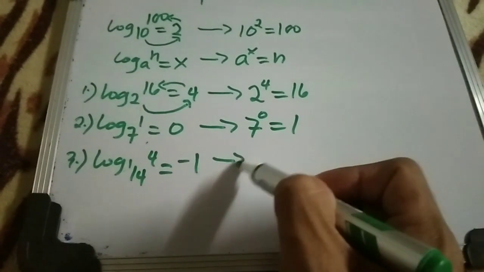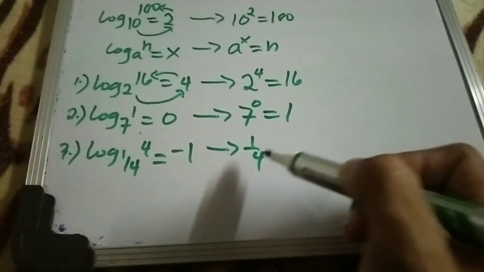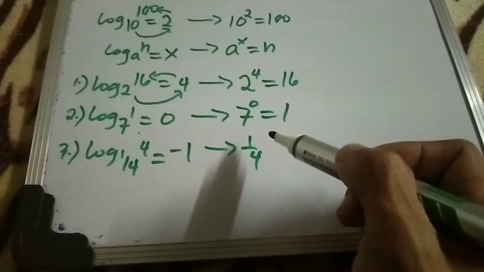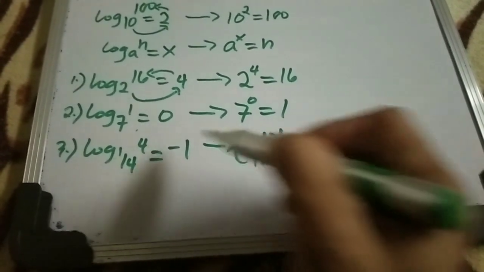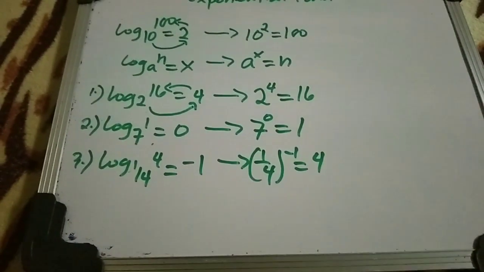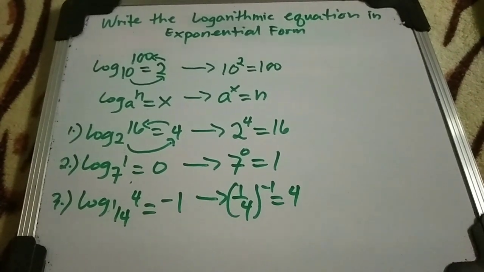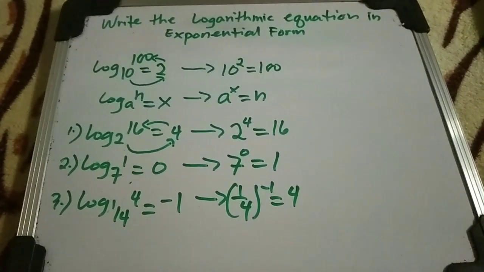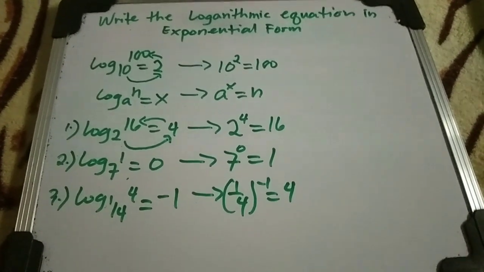So, ang exponential form niya dito ay ang ating base ay 1/4. Then, yung kanyang exponent ay negative 1 equals 4. Okay? Ganyan lang po ang pag-transform ng exponential form. So, logarithmic equation to exponential form.